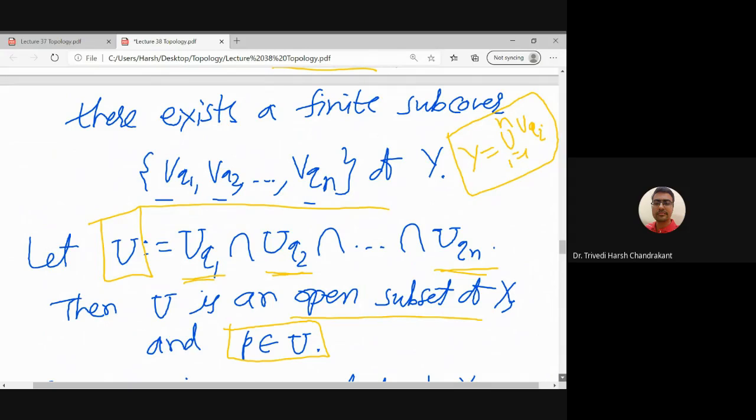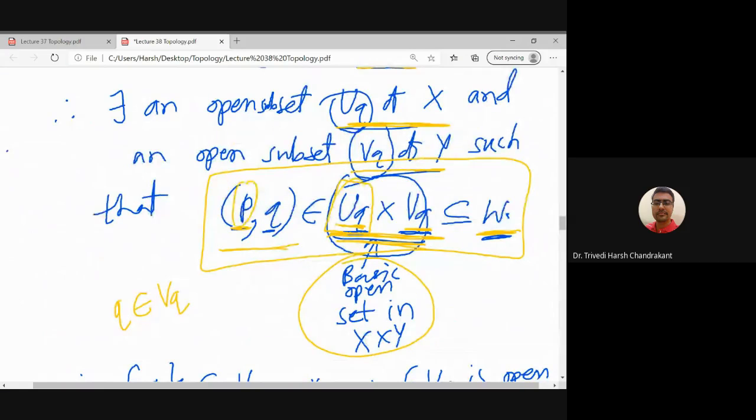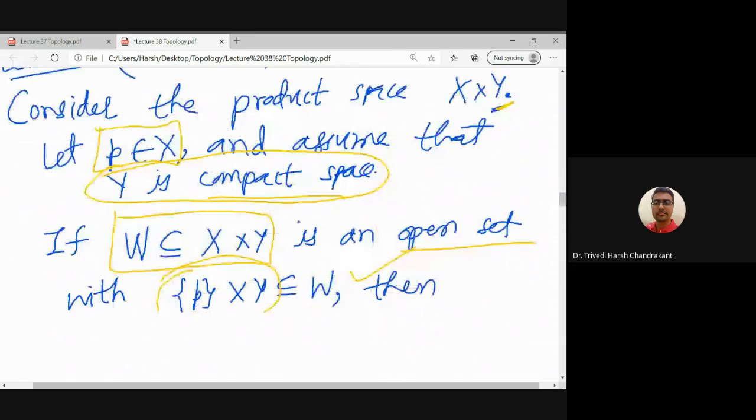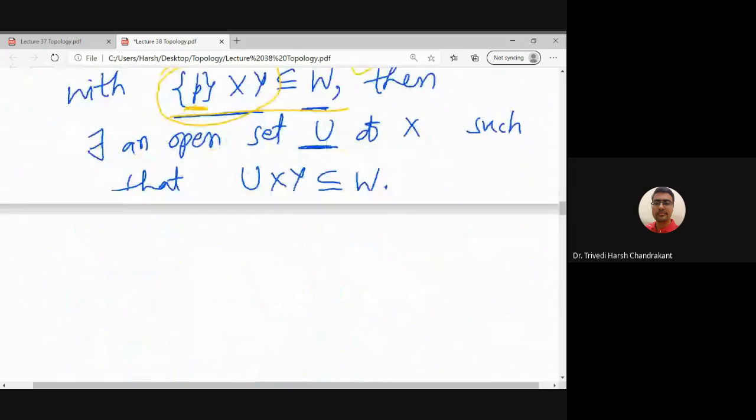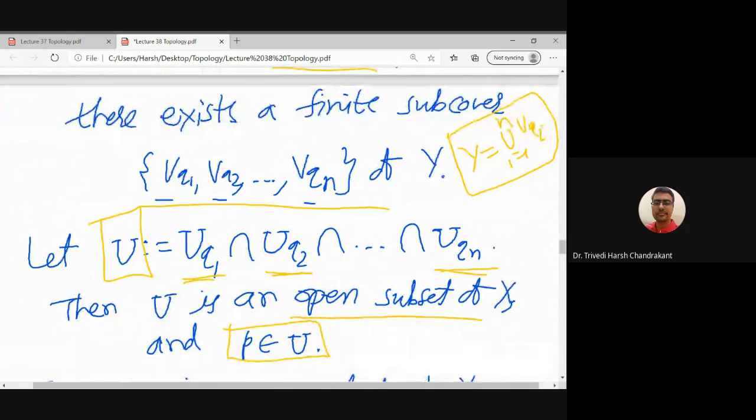Why does it contain the point p? Because p belongs to Uq for every q. Because p is a fixed point, we are only changing q. p is a fixed point that is given in the statement, an element of X. So p belongs to each Uq, therefore it is in the intersection of the Uq, therefore p belongs to U.